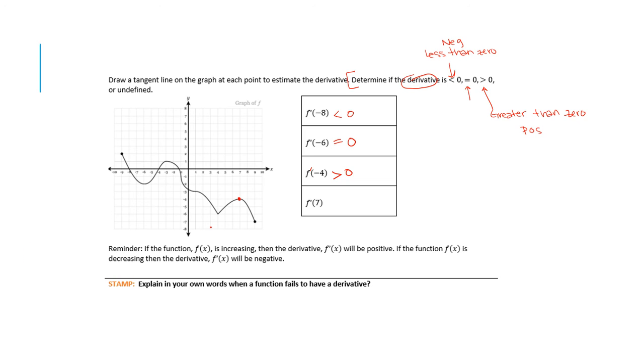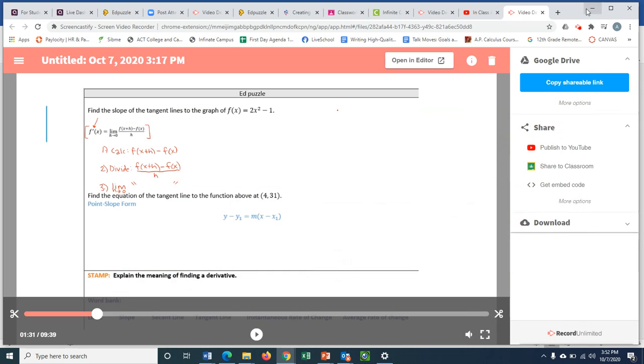So for f prime of 7, this shape looks a little bit interesting here. Okay. I want to very quickly review what a cusp is.